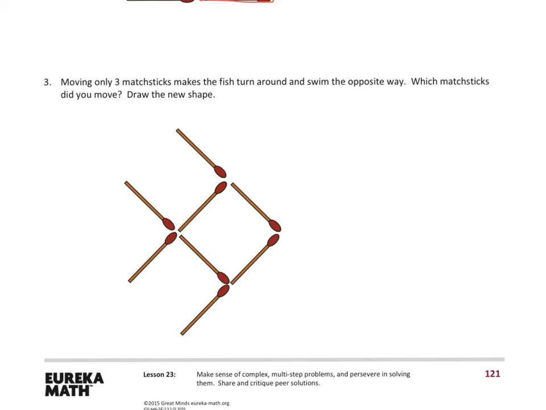And you can see that this is the fish's mouth right there, and these are the fins for it. So that kind of helped me just to start to say it's swimming currently this direction. So I'm going to remove a couple of matchsticks now by covering them up, and I'll remove 3 of them, and then I'm going to redraw. So here's my first one I'm going to cover.